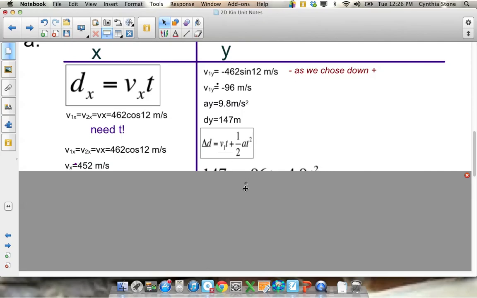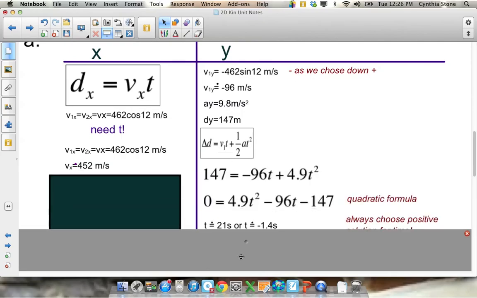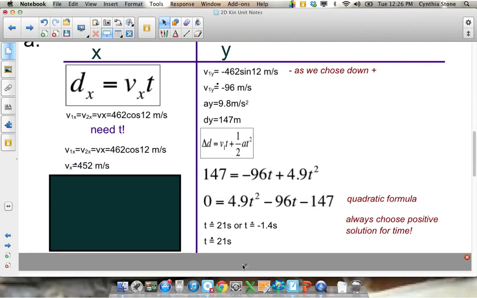And so it's one of these ones where we have to use a quadratic, and you definitely did this last year. So I sub in d is 147, v1 is negative 96 times t, 4.9 is 1/2 of 9.8 t squared. And rearrange this to look like a, b, and c, right? 0 equals at squared plus bt plus c is the quadratic, the general form.